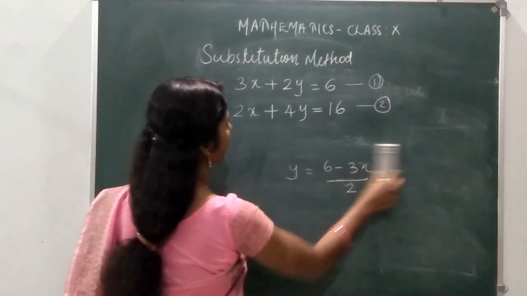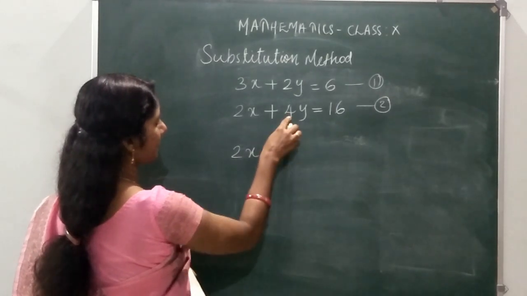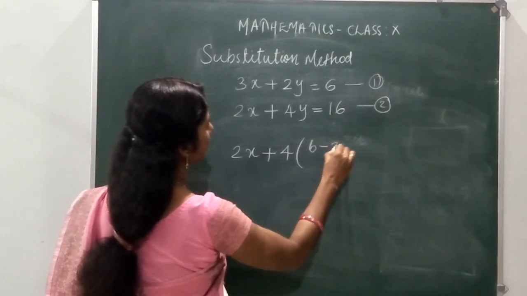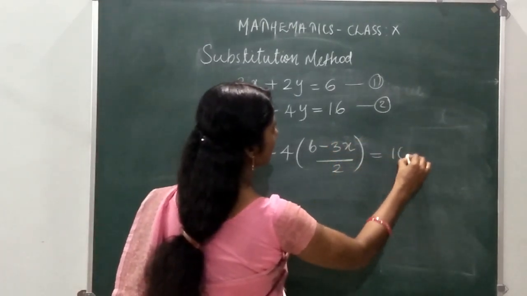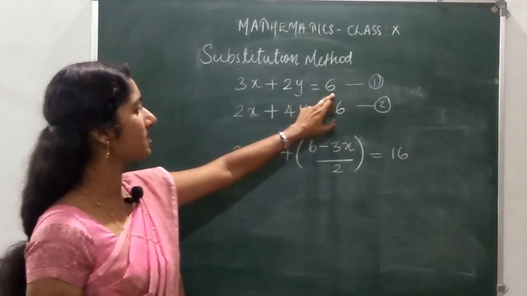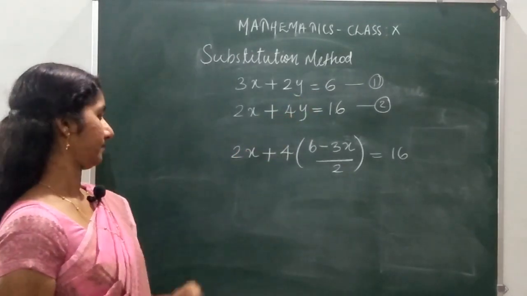Put this value in the second equation. So, the second equation becomes 2x plus 4 into (6 minus 3x) by 2 equal to 16. From the first equation we wrote y equal to (6 minus 3x) by 2, and that value we substituted in the second equation.